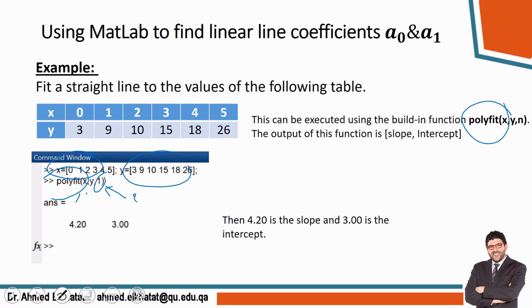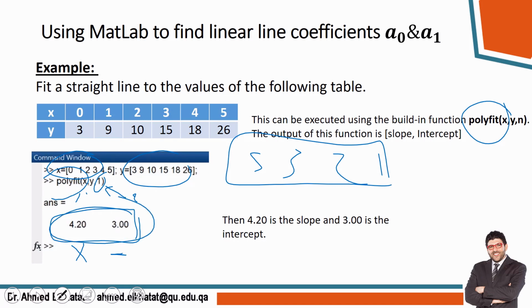But make sure that MATLAB puts the coefficients in order of the highest power first. That means the first one is for x and the last one is the constant. So if you have a polynomial with a set of numbers, for example 5 3 2 1, suppose this is the answer, then this is for a naught, this for a1, this for a2, and this one for a3.